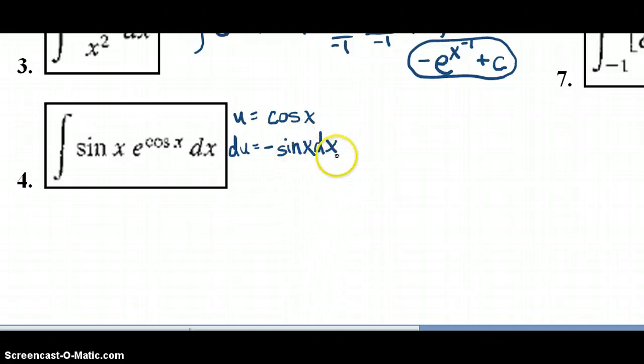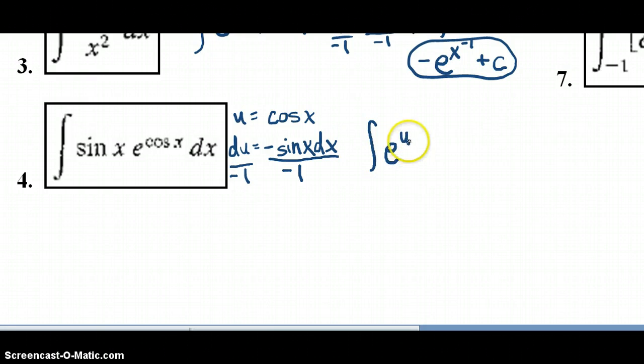We don't want negative sine of x dx, so we divide by a negative 1. And when we rewrite our integral, e to the cosine of x becomes e to the u power, and sine of x dx becomes not just du, but negative du. And now we're ready to integrate.